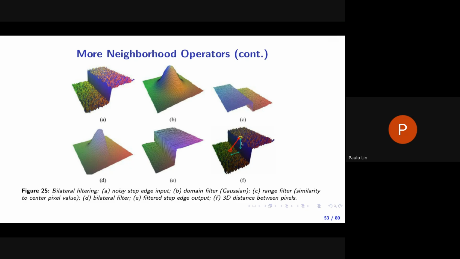Okay, this is a more intuitive way of seeing how the bilateral kernel is applied. In this image, we can see a 3D representation of a noisy edge, and we want to compute the bilateral kernel for this pixel. This is the pixel we want to modify.